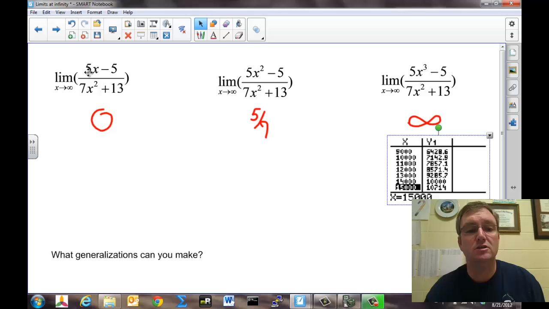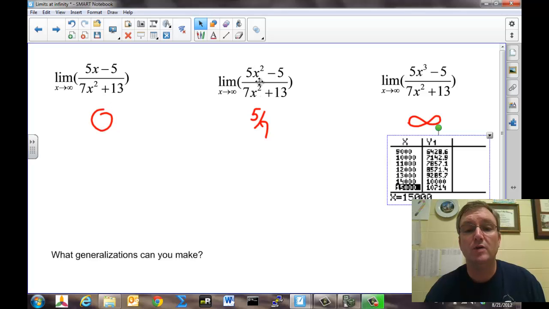If you look at this first problem, the highest exponent is in the denominator. So if we look in the denominator and we see an exponent that's higher than the one up here, the largest exponent is in the denominator, the limit is always going to be going to 0.